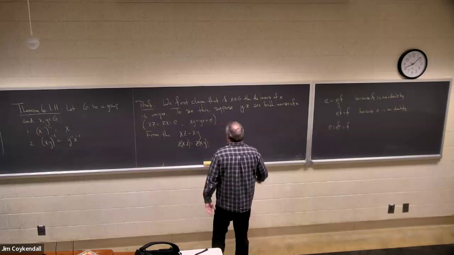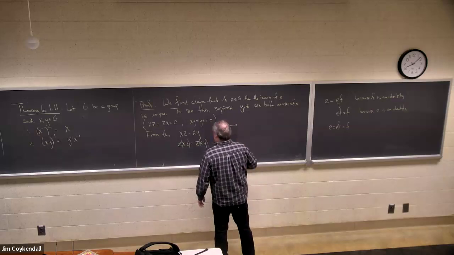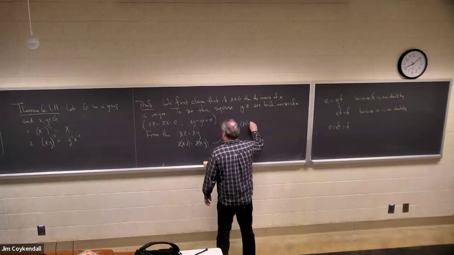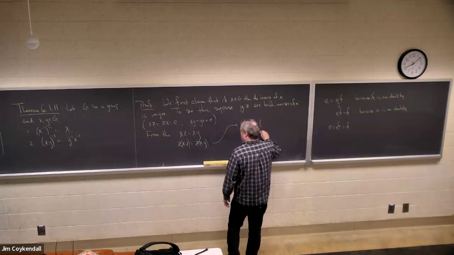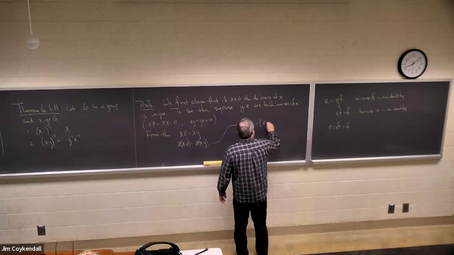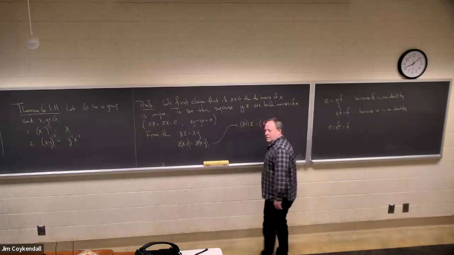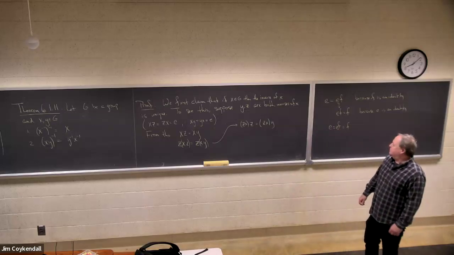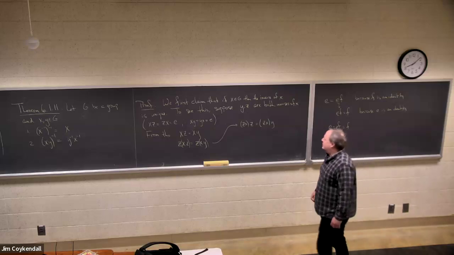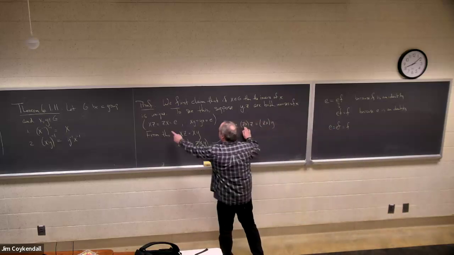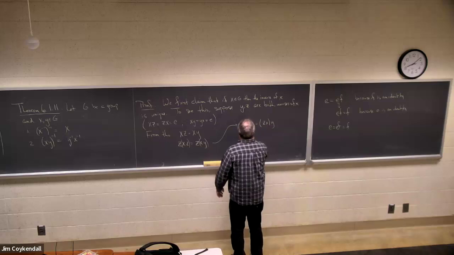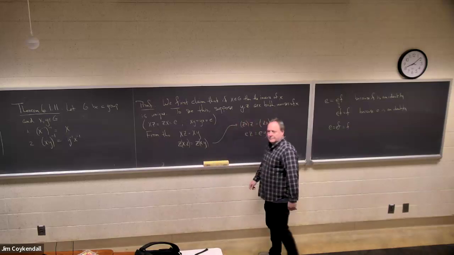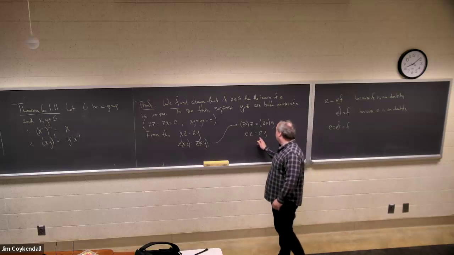Now I'm going to use the associative property. Associative property says I can do this in any order I want, I'll move parentheses. And what is ZX? It's the identity. But this is the identity.